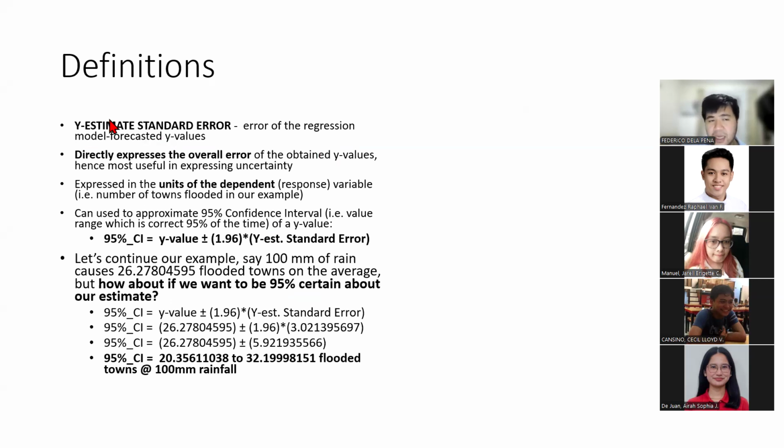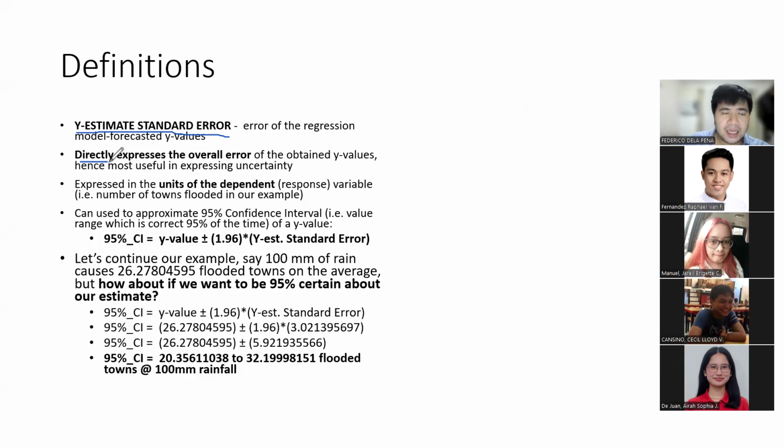Now this is, as I've mentioned earlier, the most important for me. I think this is the most important output in your linear regression statistics. This is the y estimate standard error, or basically the error whenever you're trying to predict a y value in your regression analysis.